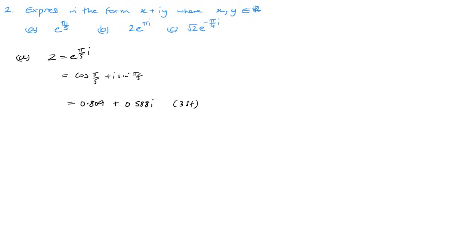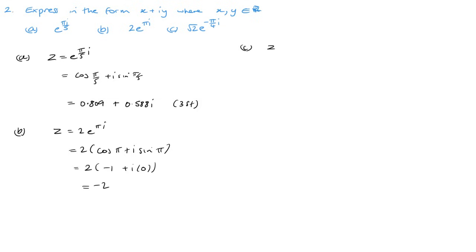So that was just part A. Now part B is z equals 2e to the pi i, which is 2 times cos pi plus i sine pi. Now cos of pi is -1, and sine of pi is 0. So this is going to be -2.